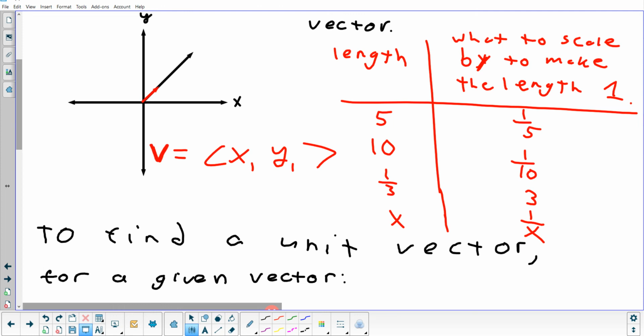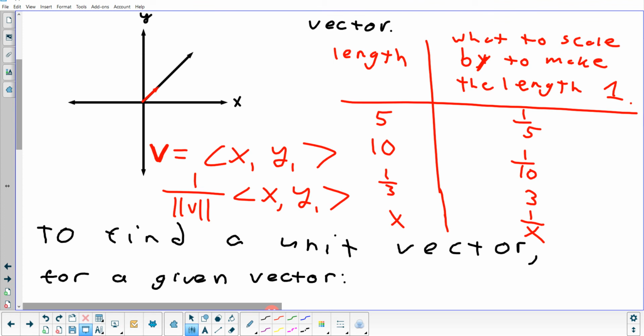If you want to force that vector to be 1 unit long, you're going to multiply it by a scalar. What scalar are you going to multiply it by? 1 over its length. 1 over the magnitude.